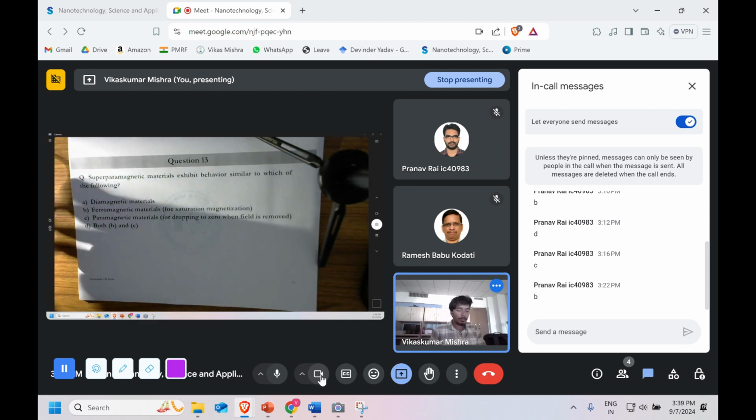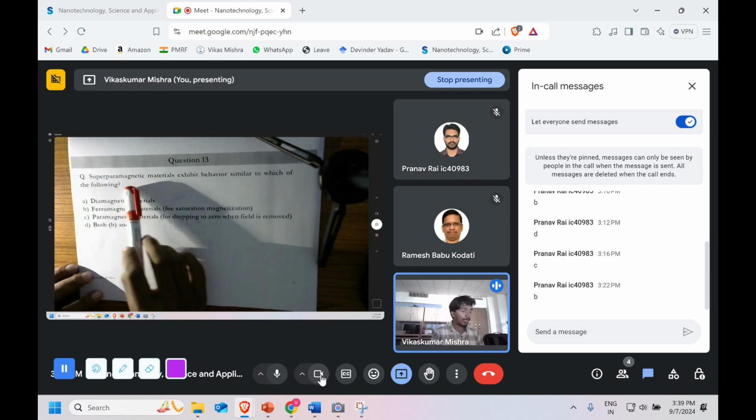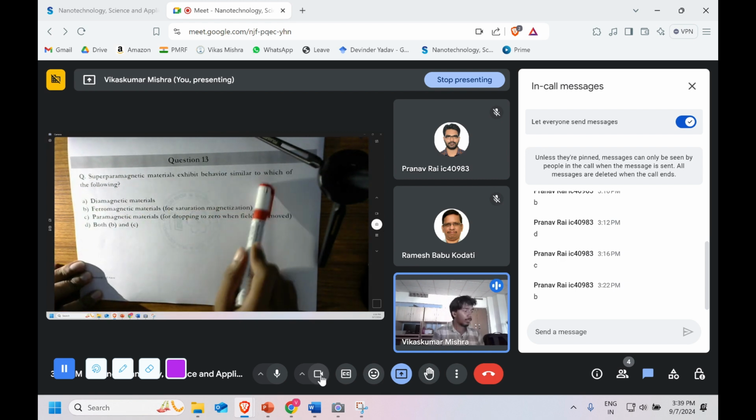Now, this is the question. The concept of this question, we just answered it. Indirectly, we answered this question number 13 and the question number 12 itself. The question is telling that superparamagnetic material exhibits behavior similar to which of the following?